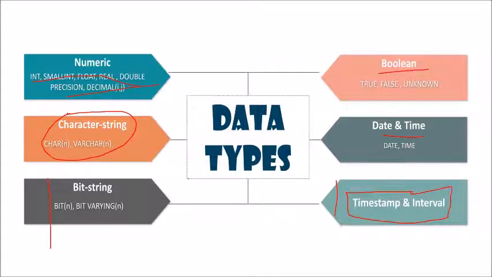The difference between the two is that char is used whenever we know how many characters will be used. In varchar we have to define the number of characters. So in char I have defined that I will be using 25 characters, and in name I store the name Ram.